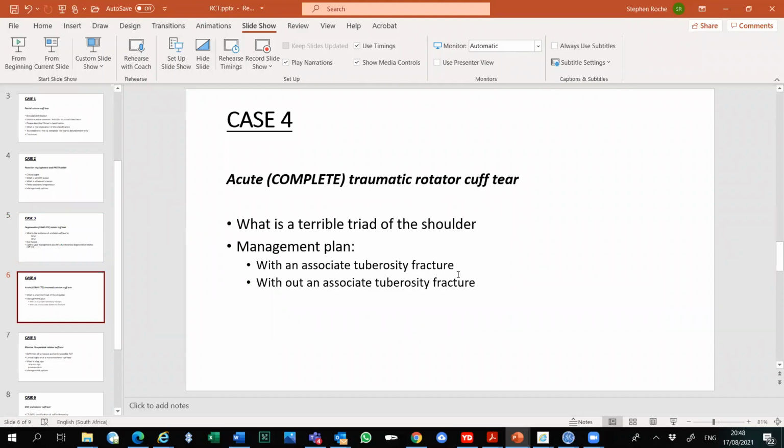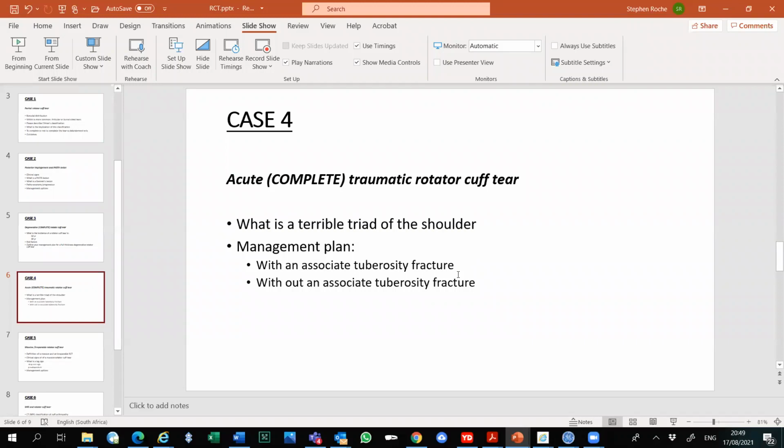Bayanda, what's the terrible triad of the shoulder? Would it be the superior suspensory complex?